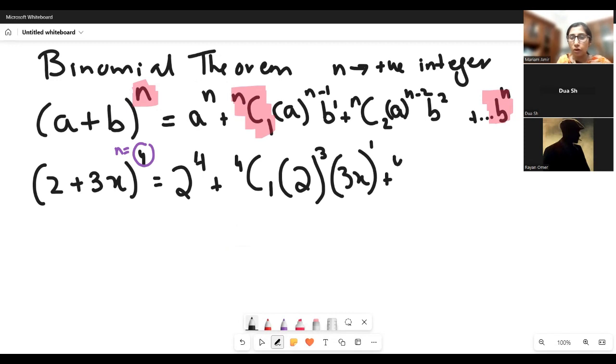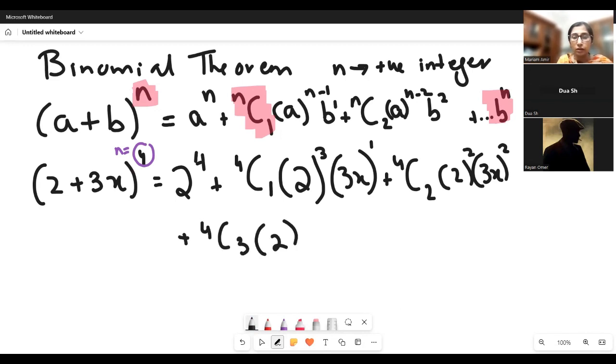Next would be 4C2, nC2. Then 2 to the power n minus 2, which is 4 minus 2, which is 2. And then it would be 3x to the power of this bottom term, which is 2. Next term is going to be 4C3, 2 to the power, subtract these two, which is 1. And then 3x to the power of the bottom value, which is 3.